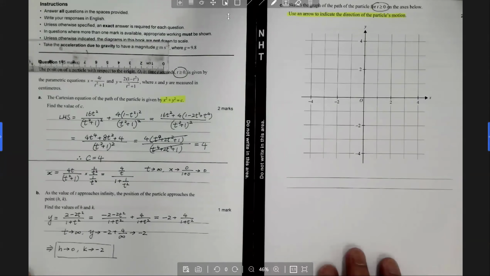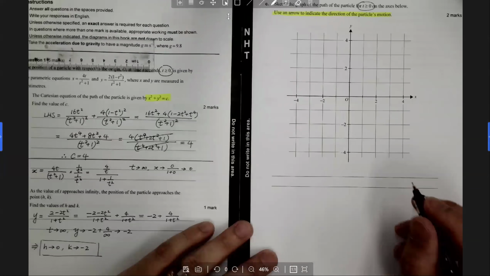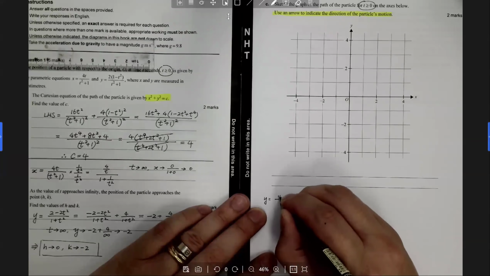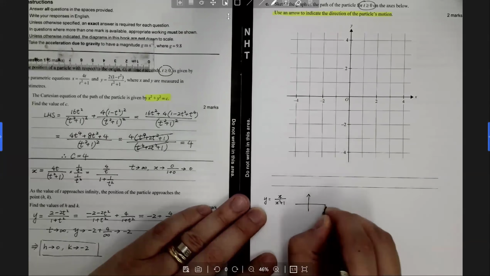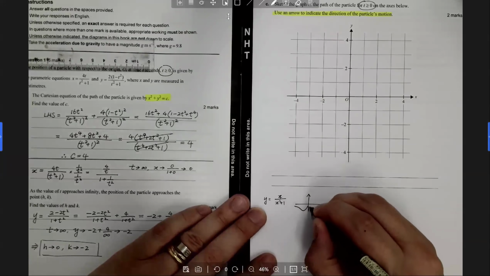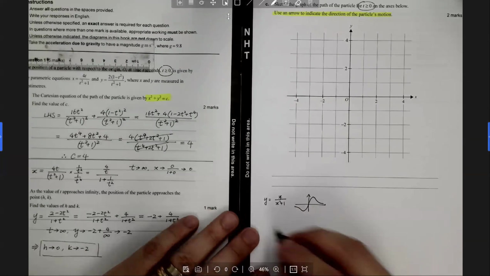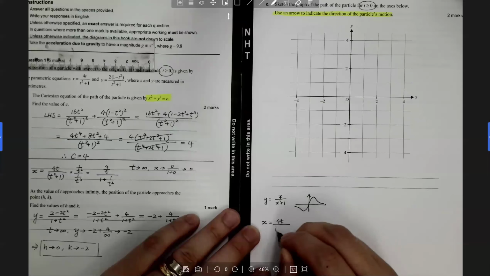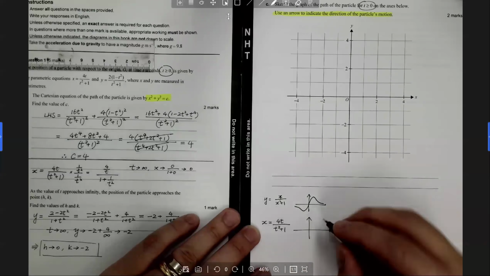So if you're going to analyze the behavior of x, well, I know if I have y equals x over x squared plus 1, this function looks like, say, here and here, okay? It's called a wavelet graph. Therefore, if we have x equals 4t divided by t squared plus 1, I may also get some kind of graph like this.